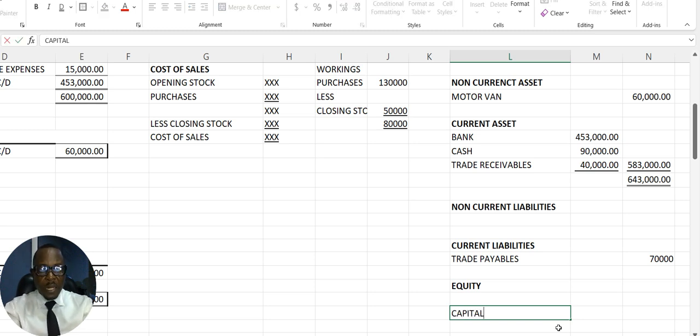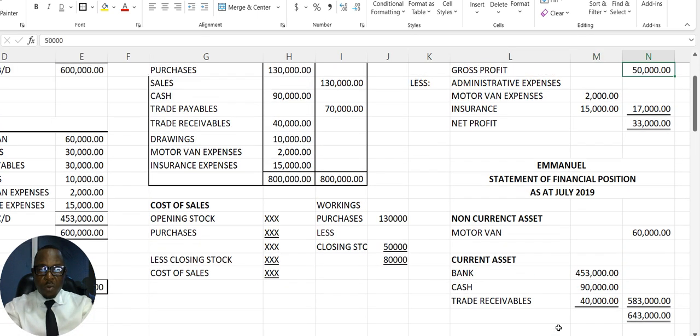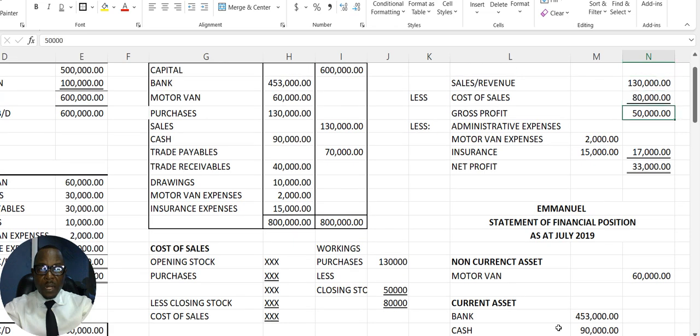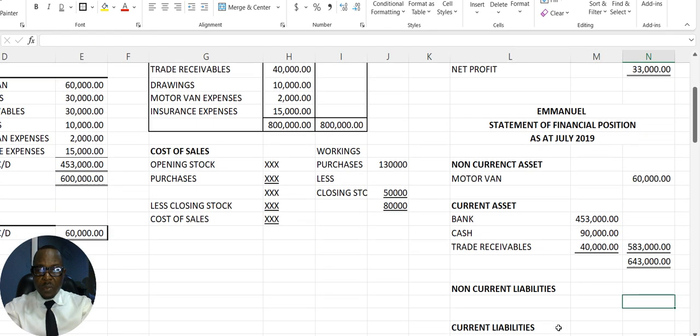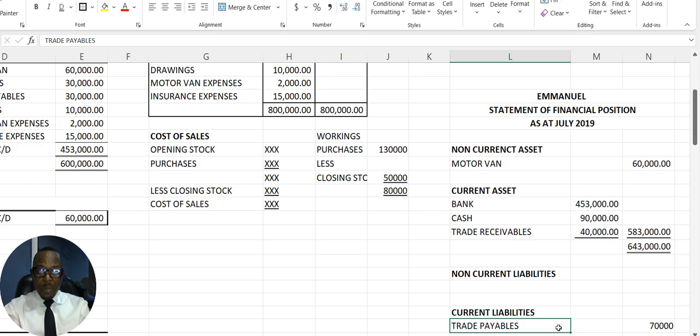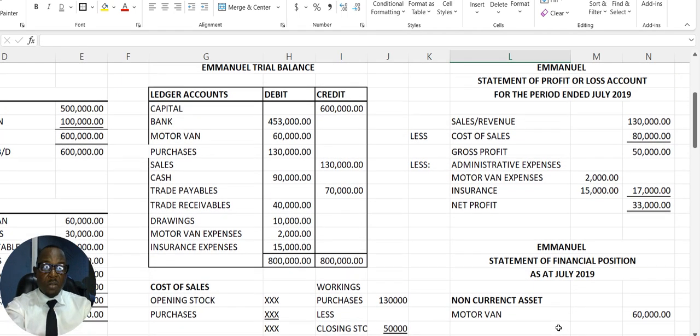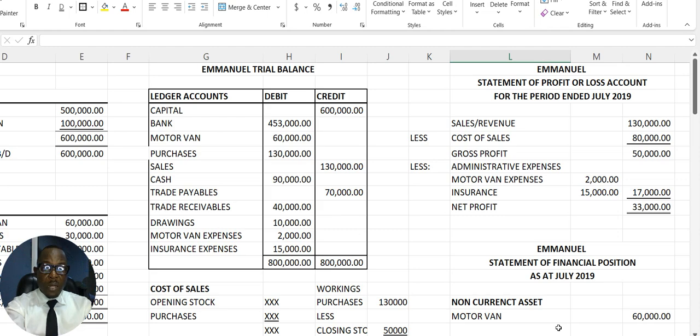Remember, we have capital as an item up, which is how much? 600, I suppose. Oh no, there is a non-current liability, which is the loan you collected from the bank. The loan you collected from the bank could be a non-current liability and it could be a current liability. So let's put it under current liability, since we were not told how much that loan is. The loan from the bank is how much?